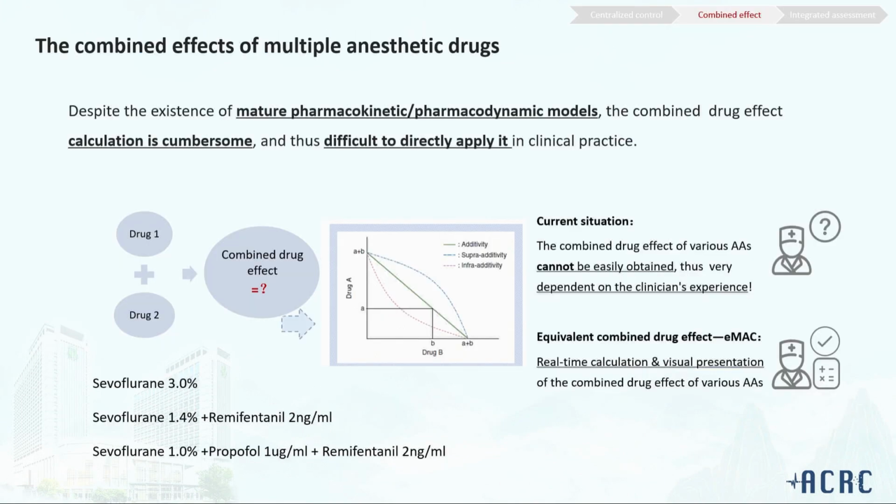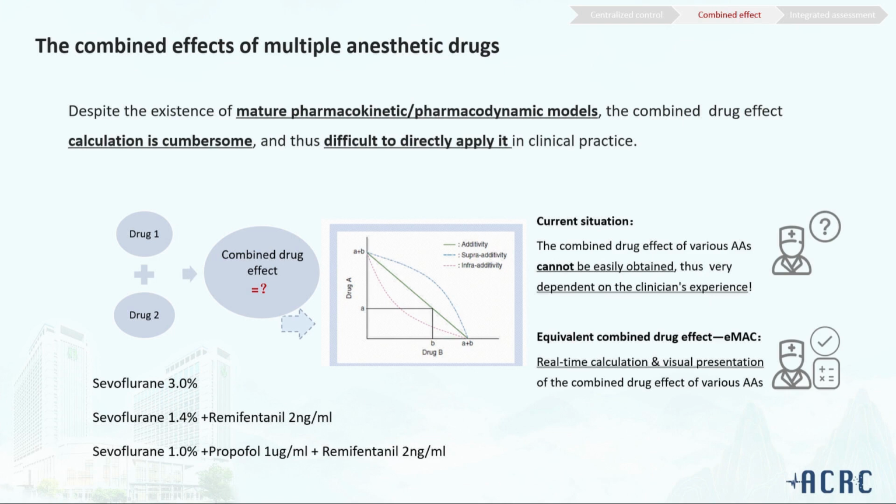Most of these models use multiple anesthetic drugs, and clinically most of us work by our experience. There is no precise index or guide for us to know the exact drug interactions, whether they are synergistic or additive.